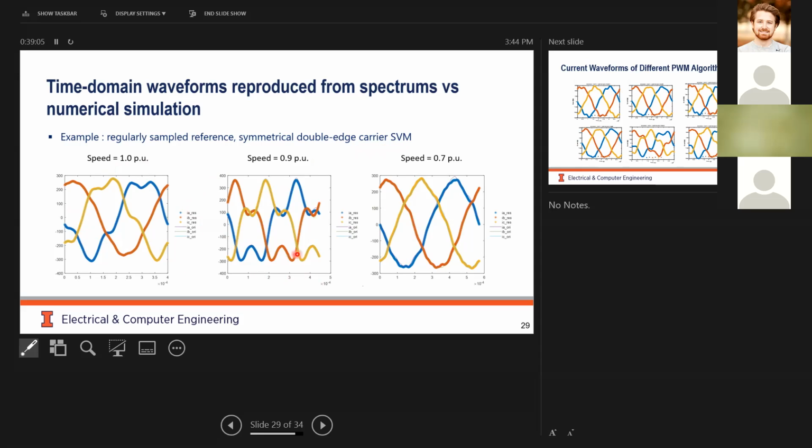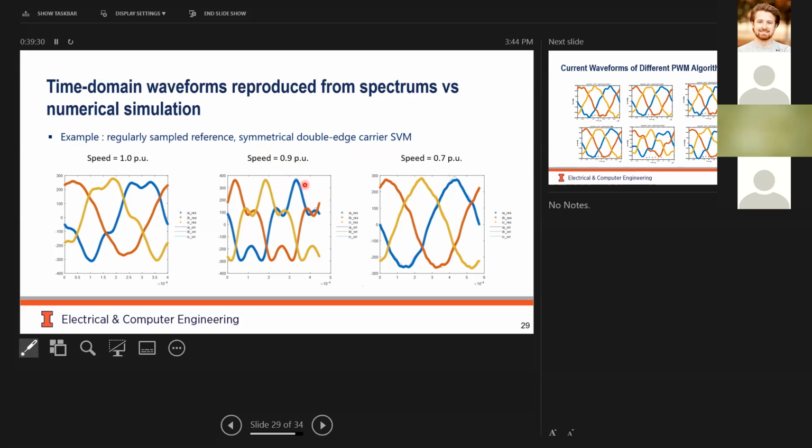That's here. And what's interesting here is that at speed equal to 0.9 per unit, we see large harmonics. This is actually because some of the high order harmonics resonate with the LC circuit resonant frequency.